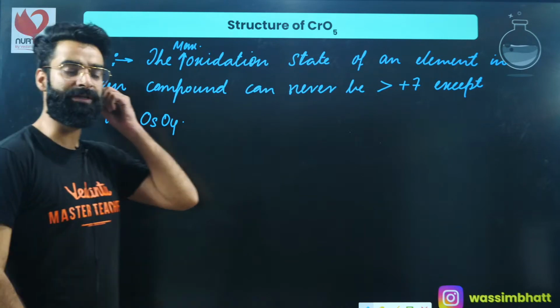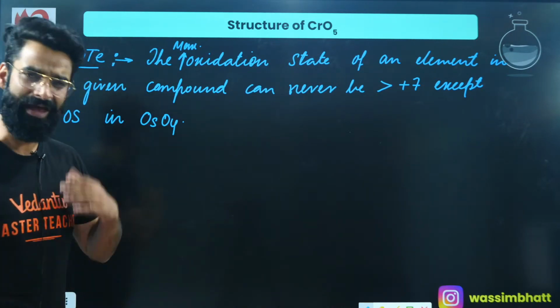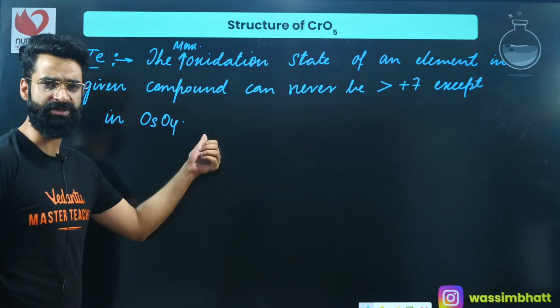Let me tell you first of all, the maximum oxidation state of an element can never be greater than +7 except osmium in case of OsO4.